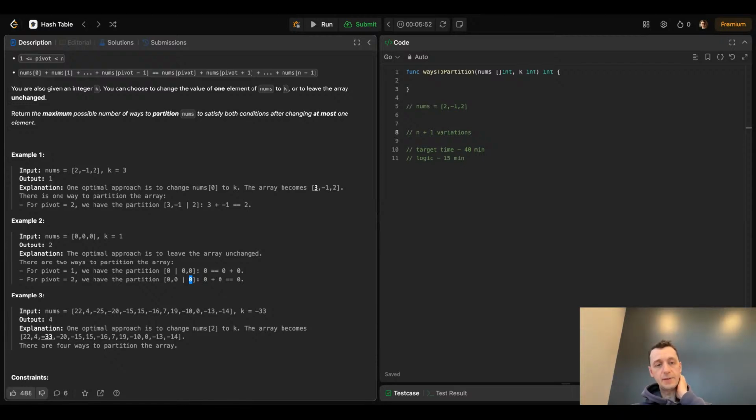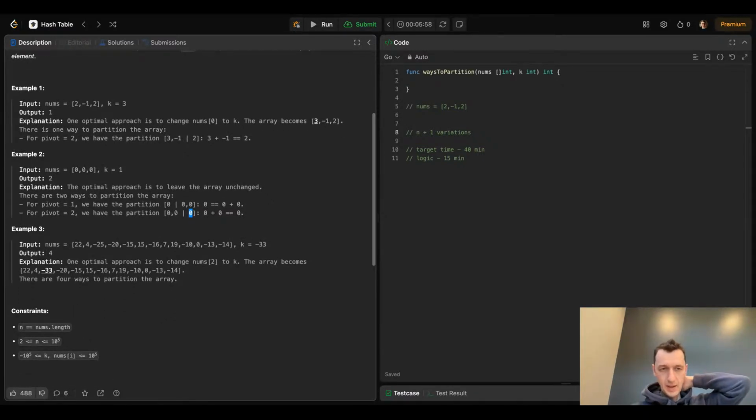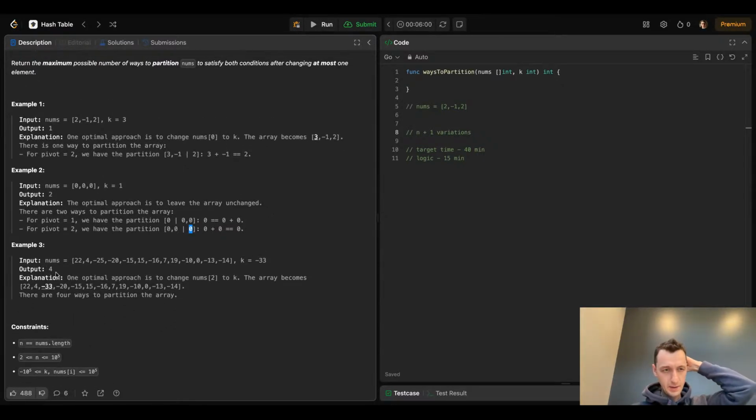And then there's a longer example, and its output is 4. The optimal approach is to change nums[2] to k.